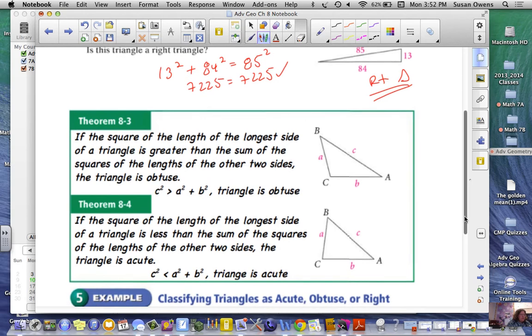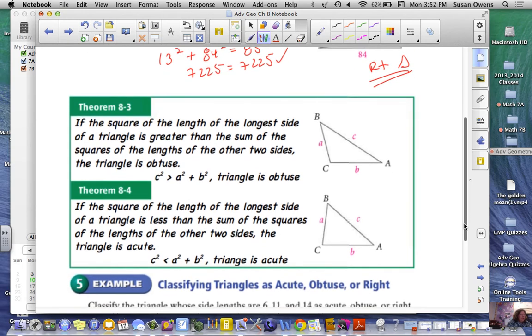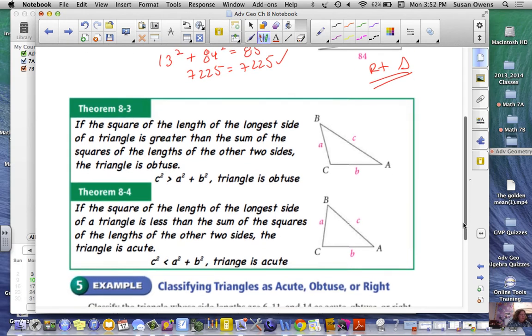Now, the next two you might have seen, you might not. I like to think of these as like Goldilocks and the Three Bears. So let me read it to you and I'll explain what it is. It's basically the Pythagorean inequality theorems.